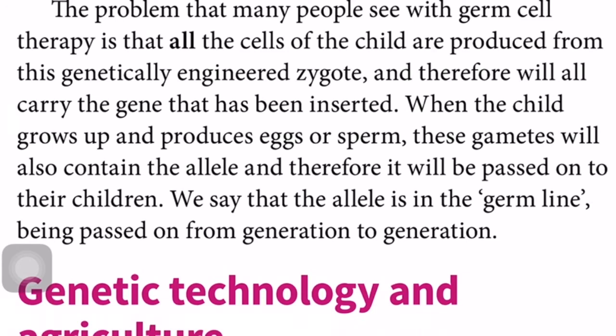They're in all of the cells, even the child's gametes. So the germ line of the generation has been changed, because when that child conceives a baby, his or her child will also contain the correct CFTR gene.